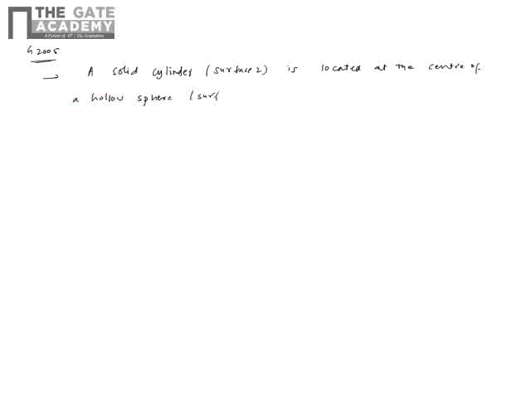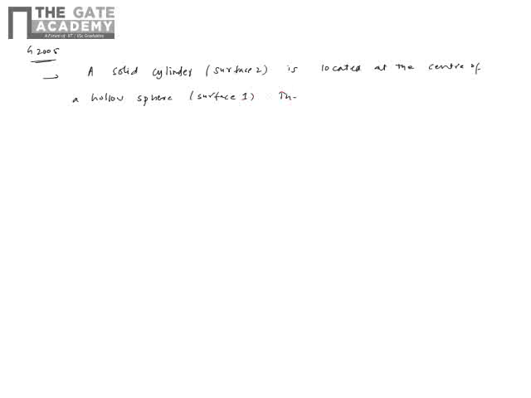Okay, let's discuss another question from GATE 2005. This is a question on radiation. A solid cylinder, surface 2, is located at the center of a hollow sphere, which is surface 1.